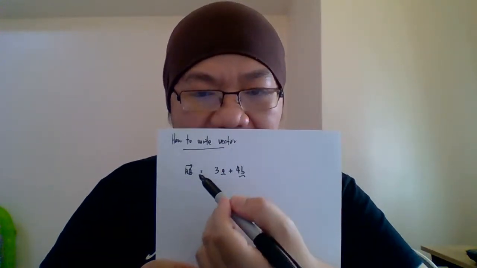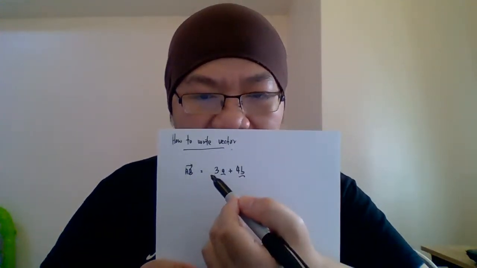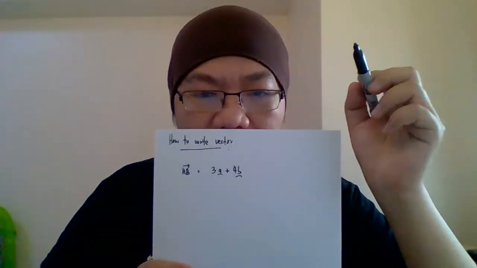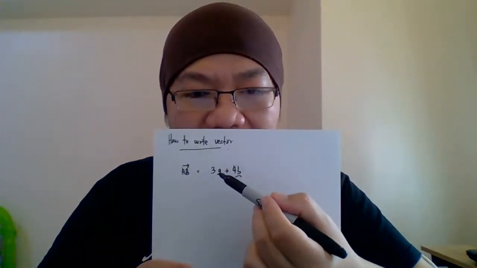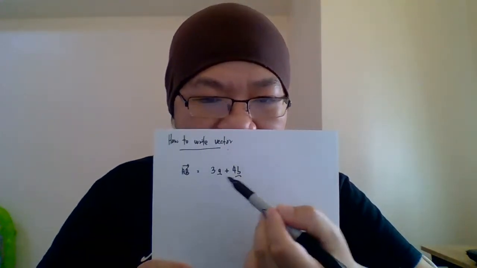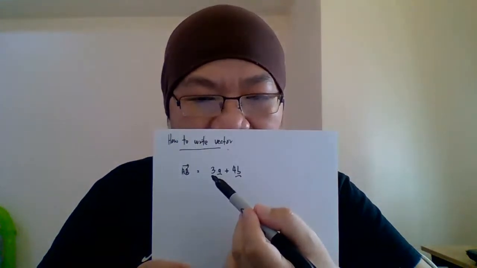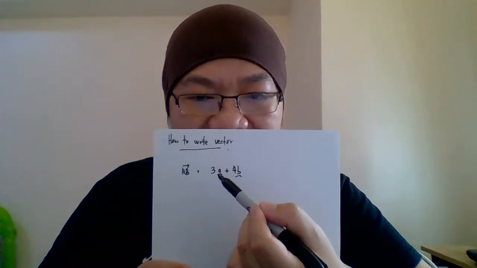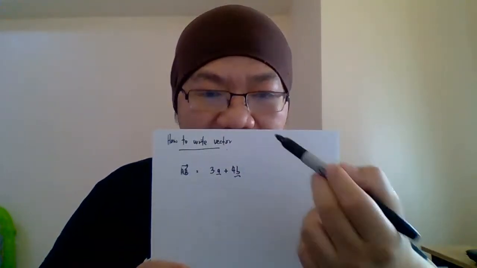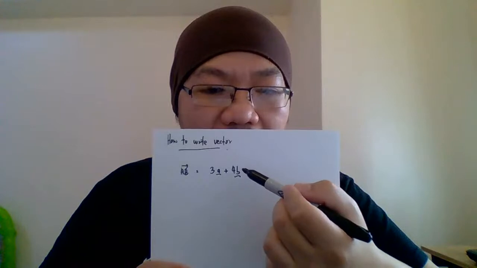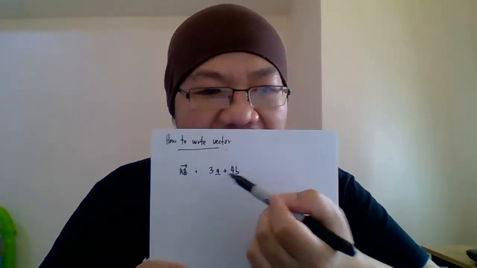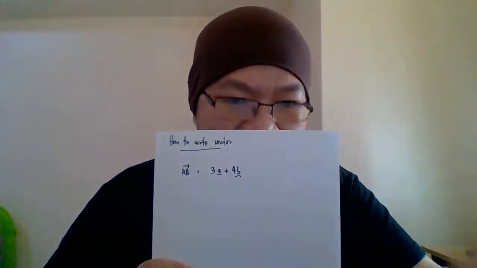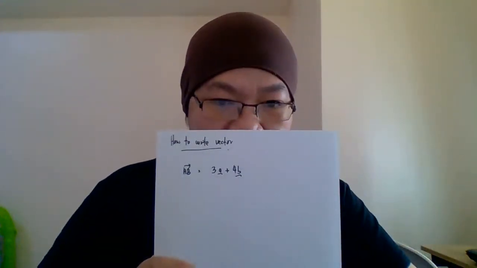Don't worry about a and b here. 3 is a magnitude, and a is a unit vector. 4 is also a magnitude, and b is a unit vector. Actually, a stands for the x-axis and b stands for the y-axis.